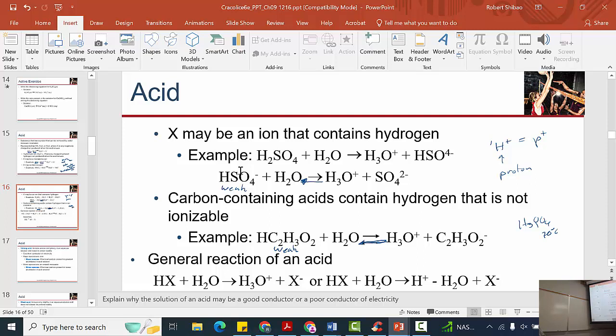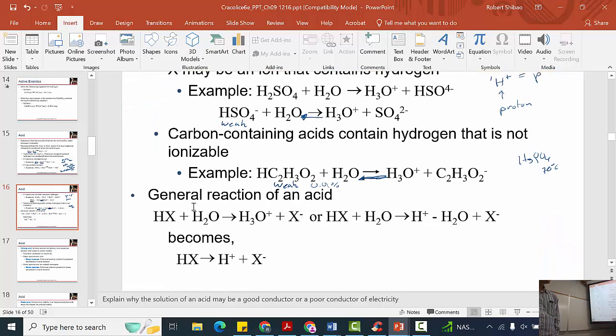But this is really weak, only like 0.01% ionized. And so there are varying strengths of weak acids, from the stronger weak acids to the weaker weak acids. What dictates how strong they are is how much it ionizes, the percent ionization. Strong acids have a very high percent ionization, or dissociation, or what we call hydrolysis.